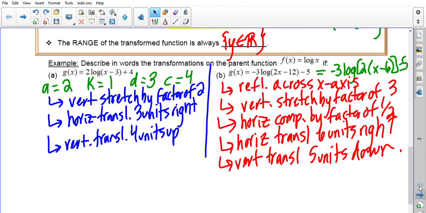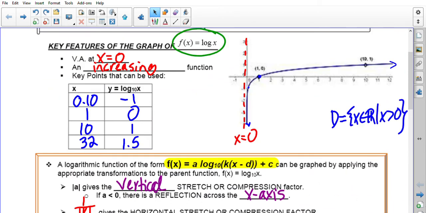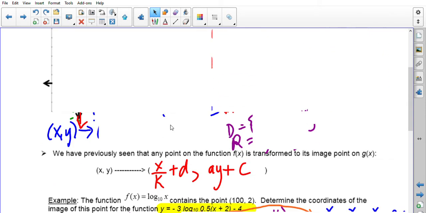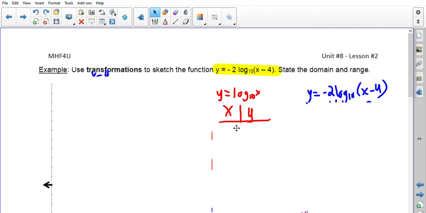All right, so now let's try graphing one using these 4 key points and the mapping statement. So let's not forget the mapping statement here. We're going to apply it in the example above. So remember, (x, y), the original point, will become (x/k + d, ay + c). So we're going to transform −2 log(x − 4).